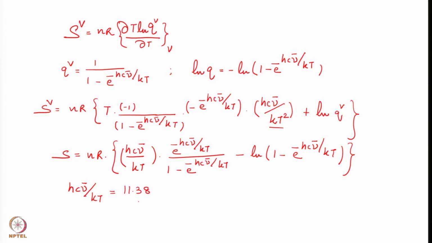And when you use this in this expression, what you will find is that S_V, the vibrational contribution, is nearly 0, approximately 0. Numbers are going to be very small. So now we have S total, let's say. This will be S translational plus S rotational plus S vibrational.